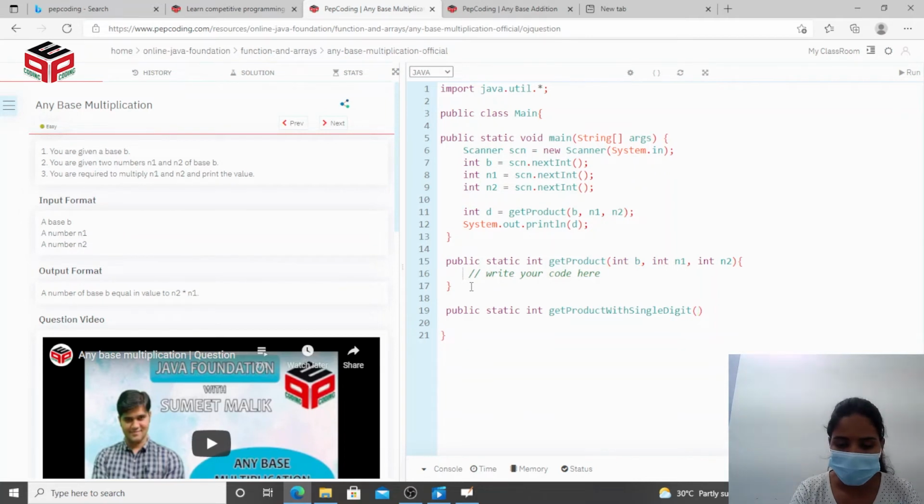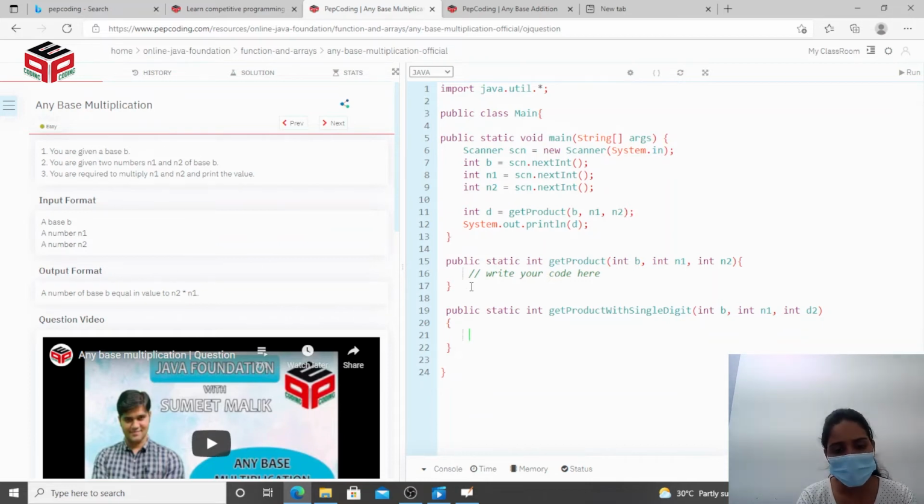What will be the arguments? Int b, int n1 and a digit of n2. I'm naming it int d2 because it is the last digit of n2.